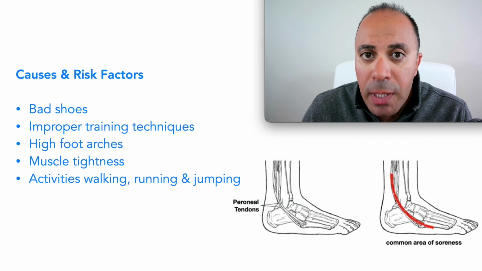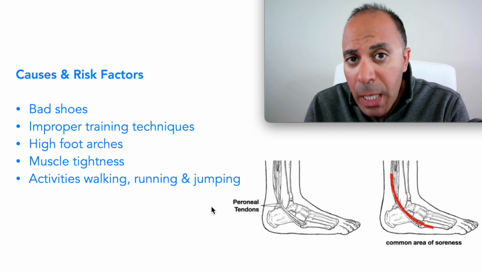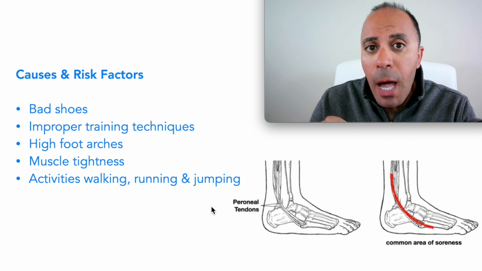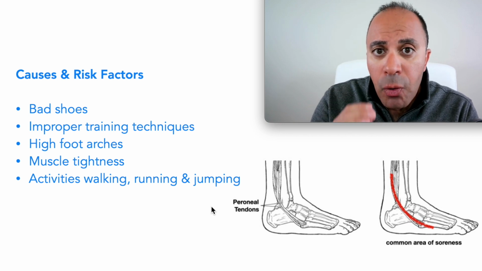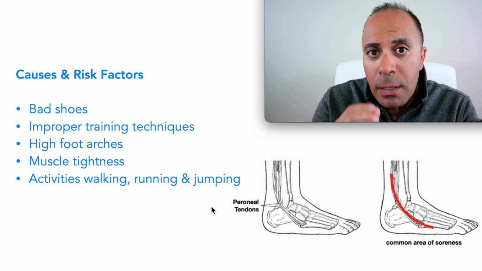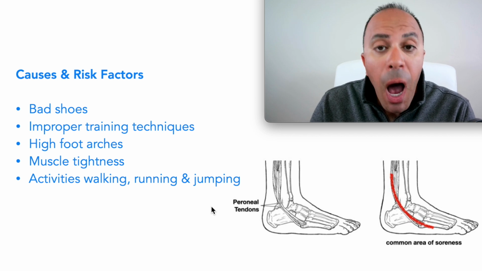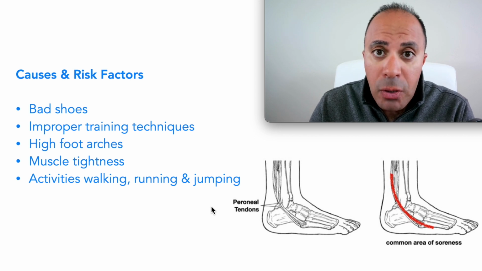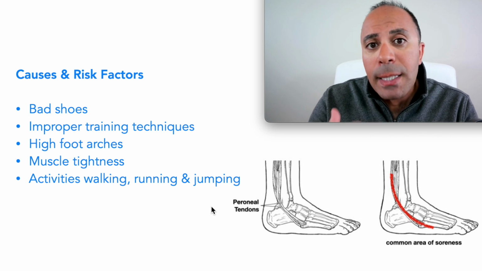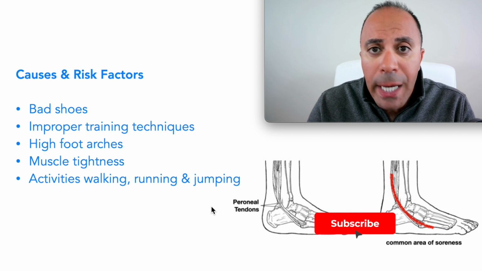So what are the risk factors? Well, the foot anatomy. If you have excessive supination or sometimes pronation, that could increase your risk of having inflammation in the peroneus muscle, causing wear and tear from overuse. Also, wearing bad shoes or high heels are risk factors, and if you have bad anatomy and you do sports, that increases the chance of having issues, because it's like your car being out of alignment.